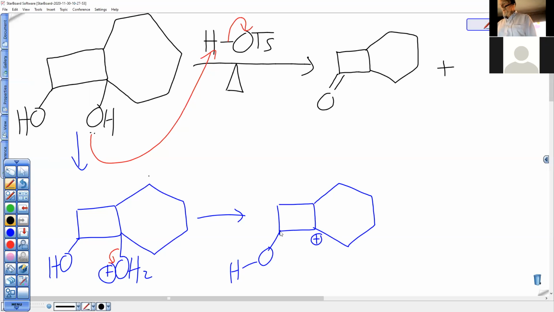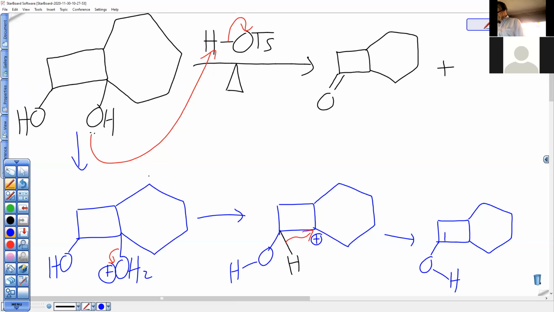Now that first product doesn't have this H, does it? First product, that H moves next door. And we're going to have a very nice resonating cation here.